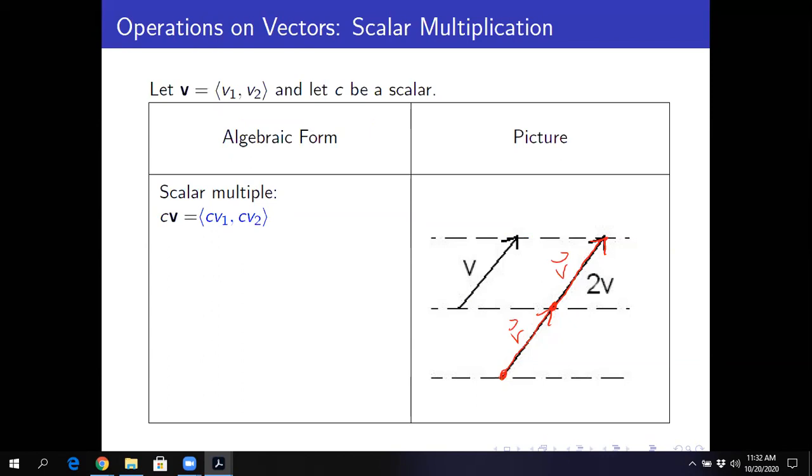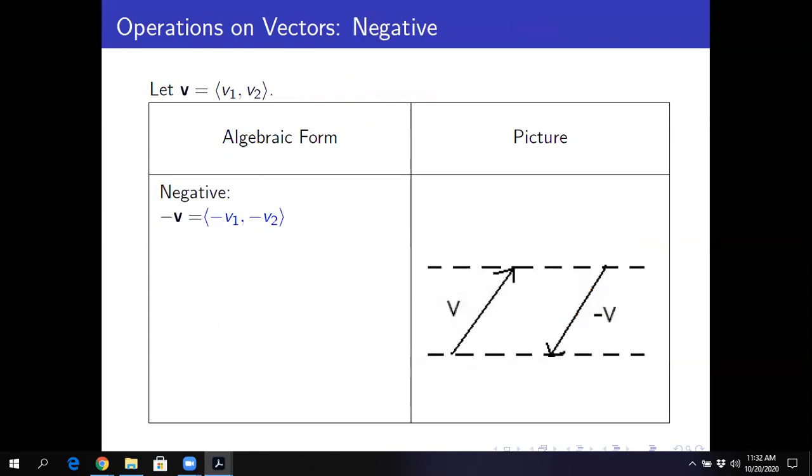Multiplying by a scalar basically gives us a vector that's been stretched out by that constant factor. If that scalar happens to be negative, it will also do what to it? You guys know? It'll actually flip it around. So instead of x displacement going one way, it'll go the other, and similarly for the y. So that's what this picture is.